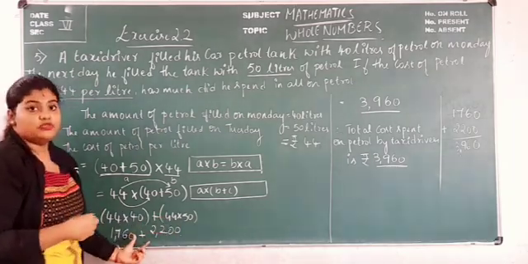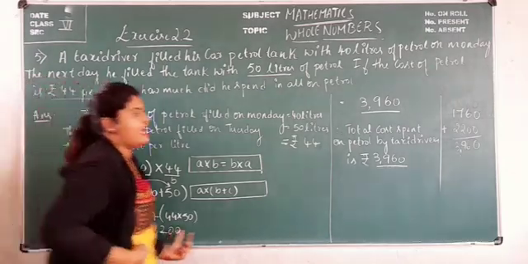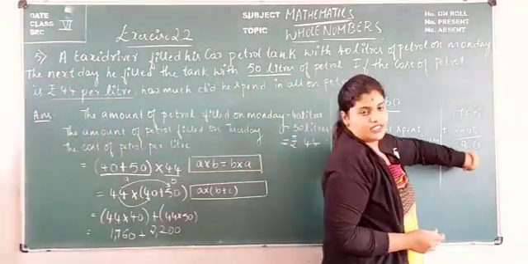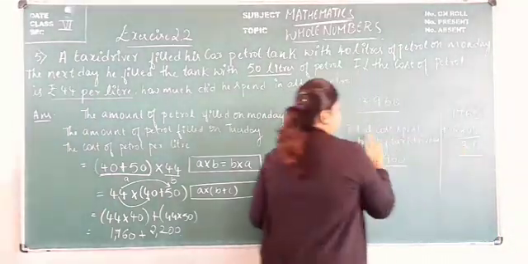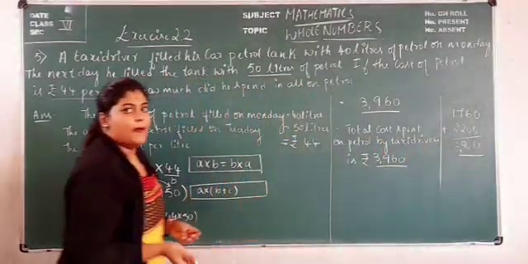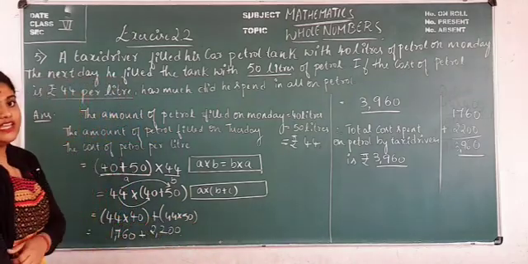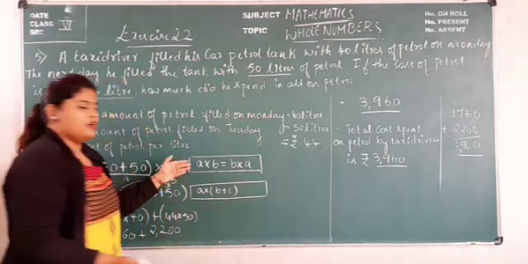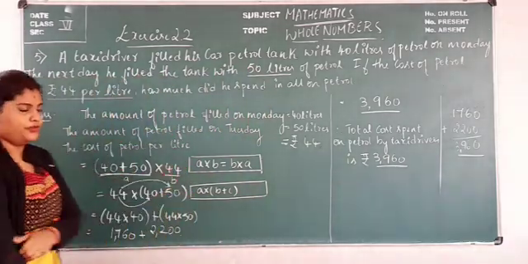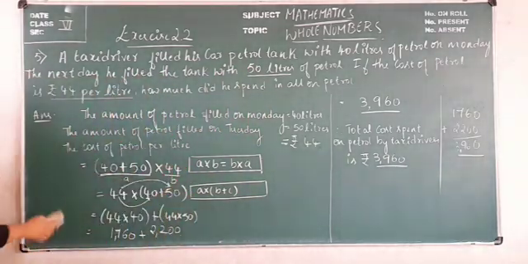So we added those two and got 3960 as the final value. So the total cost spent on petrol by the taxi driver is rupees 3960. So here we have used commutative property as well as distributive property to find out the answer for this problem.